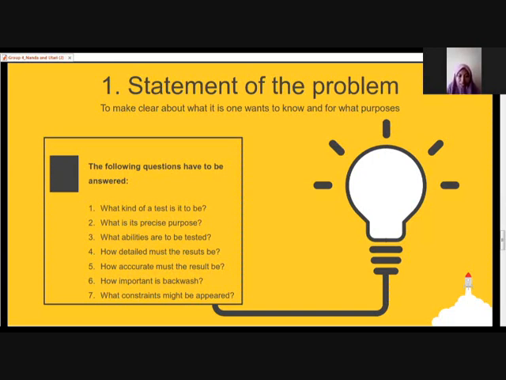And the last is, what constraints might appear? We also need to think about this: constraints in constructing, such as time limitations, the availability of resources in making the test, and also the time allocation for correcting and scoring the test. Next.